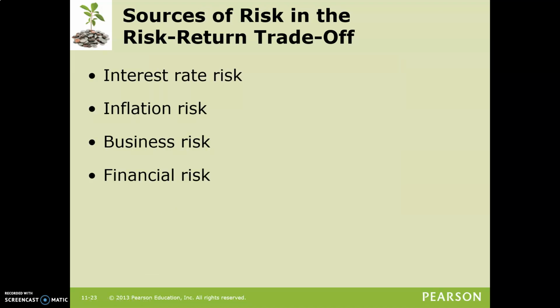Okay, other sources of risk in the risk-return trade-off are these types of risks. Interest rate risk is the risk of fluctuation in security prices due to changes in market interest rates, so the volatility of interest rates makes your stock prices go up and down.